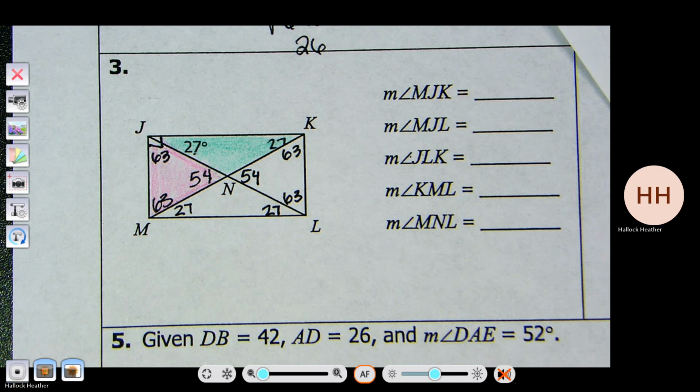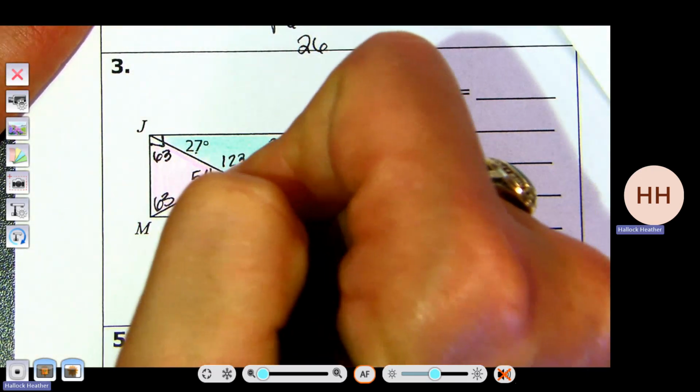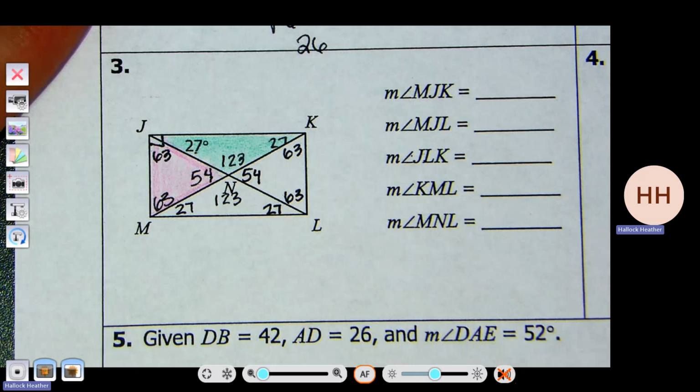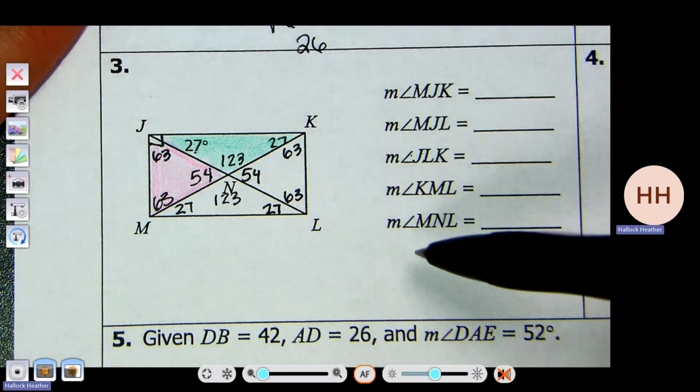Anybody? 123. And this is what I would say half of this class is bad at, is writing down the angles.